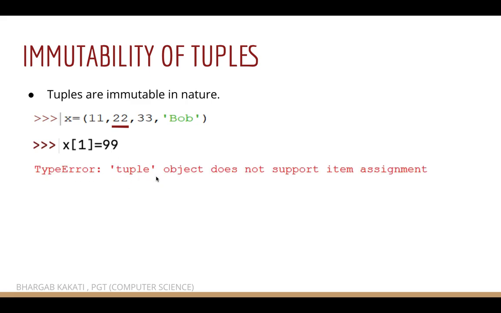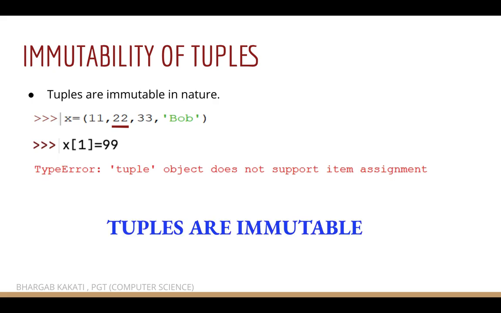Read the error. Tuple object does not support item assignment. Why is it showing this? Why is it not allowing the process? It is not allowing because tuples are immutable in nature. If you do the same thing with a list, then it will not show any kind of error because lists are mutable. So finally, you need to remember that tuples are immutable in nature.